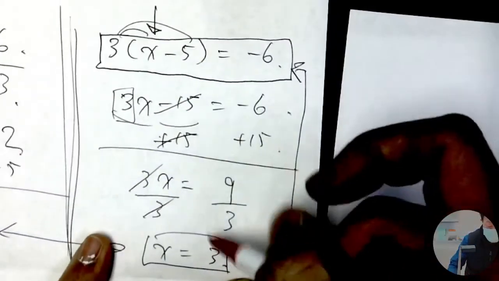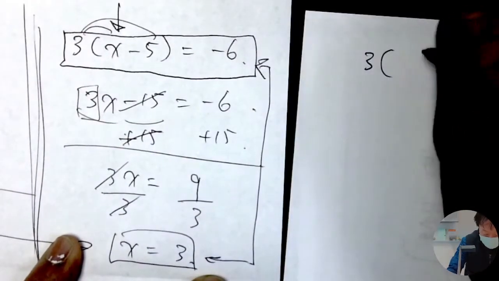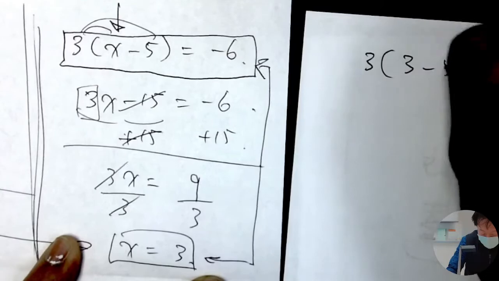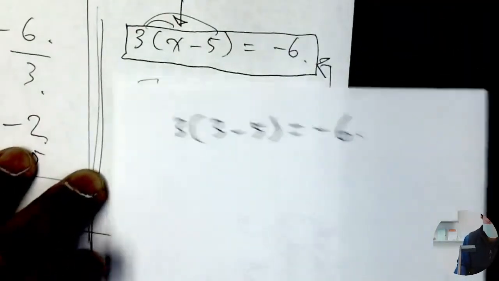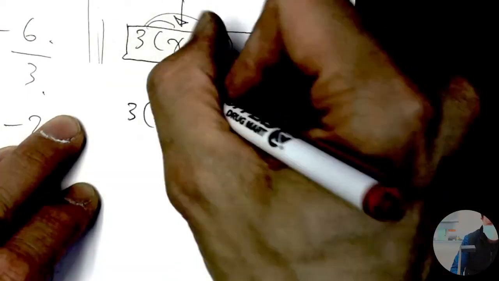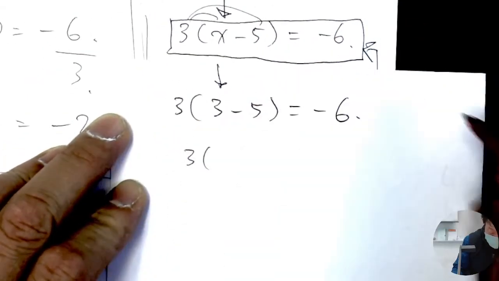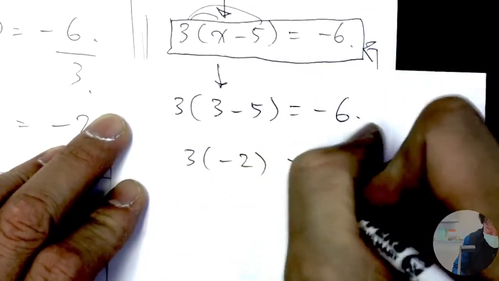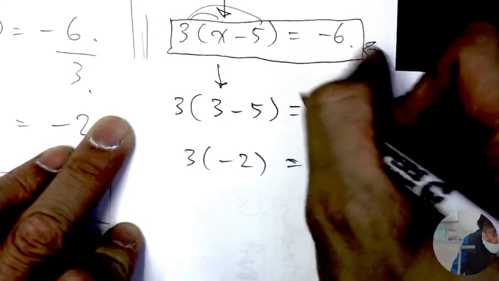If I were to put that 3 back to where x is, that x would be a 3, minus 5 equals negative 6. It's going to look like this with x replaced by 3. Then 3 times negative 2, is that equal to negative 6?